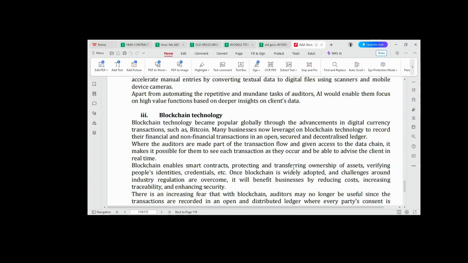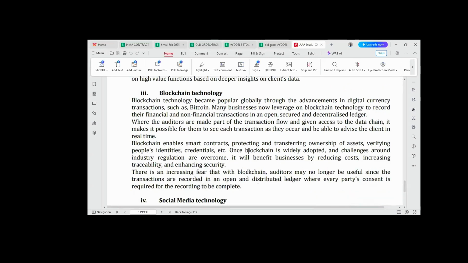So what that does is that when it is widely adopted, it's going to make it easier to trace information, to trace transactions. Okay, it's going to make it easier to do all of these things. So nobody can claim ownership of a document that it did not originate.